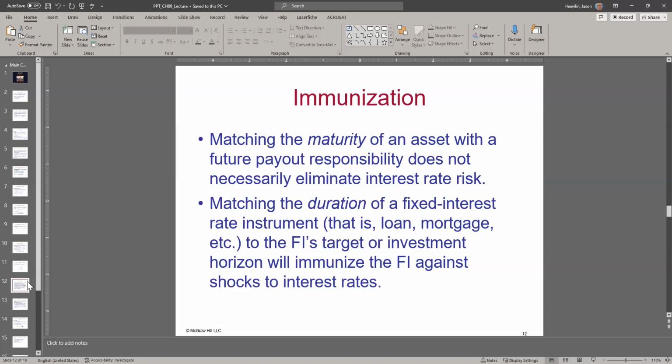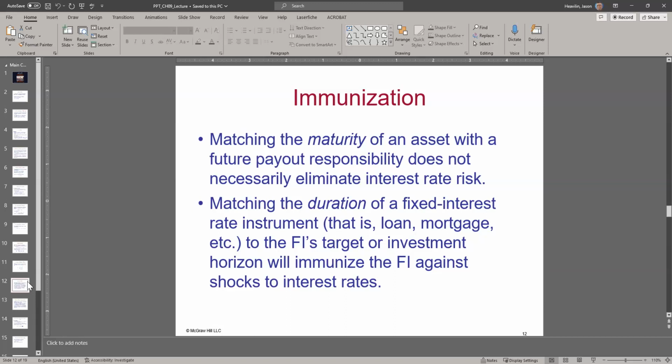This is a long way to say that, yes, you could do a matching of maturity to reduce the maturity gap. We mentioned in previous chapters that smaller financial institutions may use it because it's simpler.